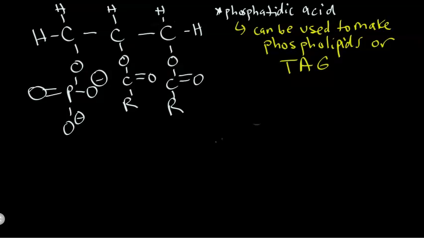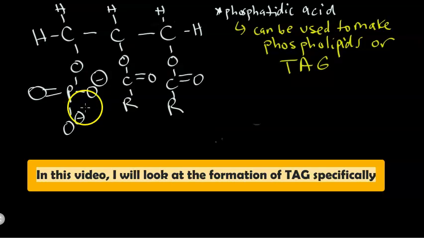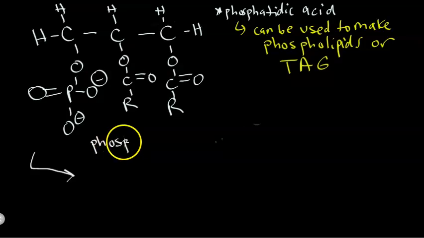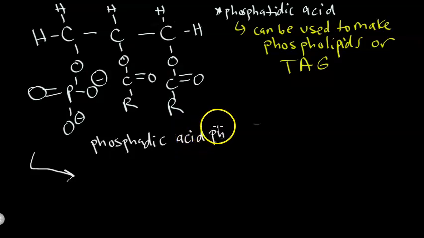However, in the next step, we cannot stick another fatty acid on because there's a phosphate in the way. So we're going to have to remove that phosphate via a hydrolysis reaction. So we're going to have a phosphatase, and the enzyme is called phosphatidic phosphatase, because this is a phosphatidic acid that we have to remove a phosphate from.